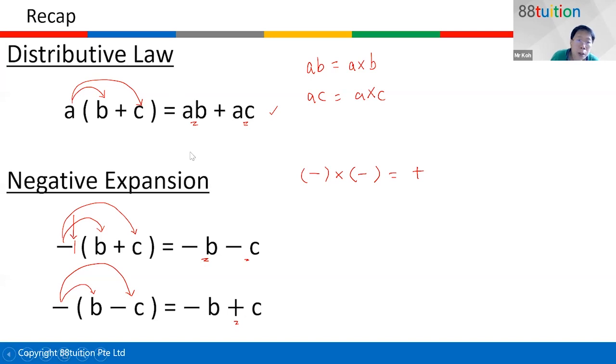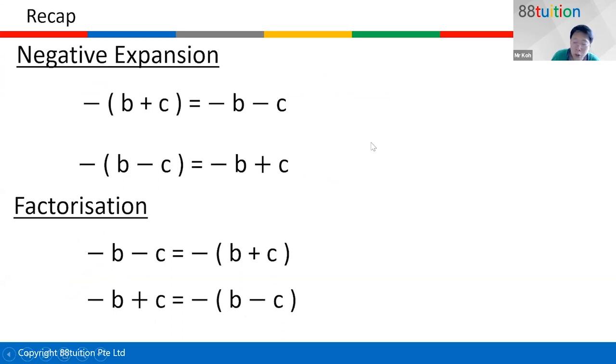Okay, so now we have looked into distributive law and negative expansion. Now we're going to the next one, which you did in Sec 1, factorization. Actually, if you notice, factorization is more like the opposite of negative expansion. So if you have such an expression, you take out the negative sign, then put the bracket.